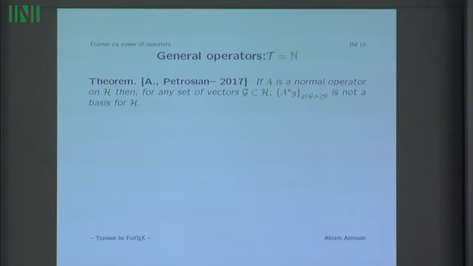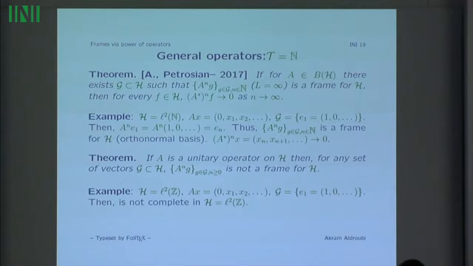So here is another thing that happens. If you take A which is normal, we have seen for the previous example that you can get an orthonormal basis.